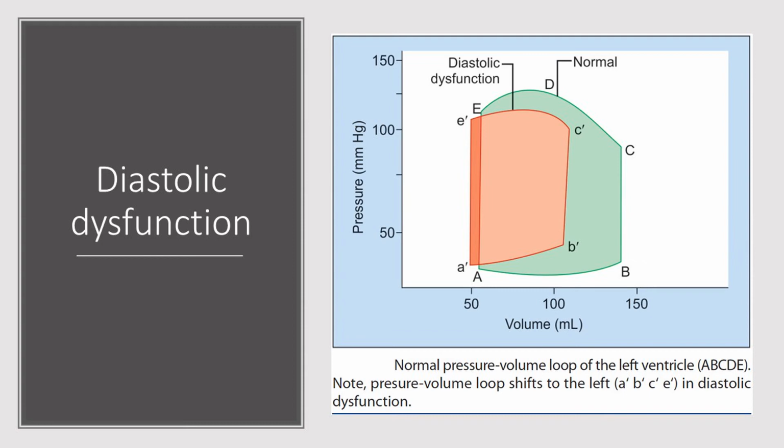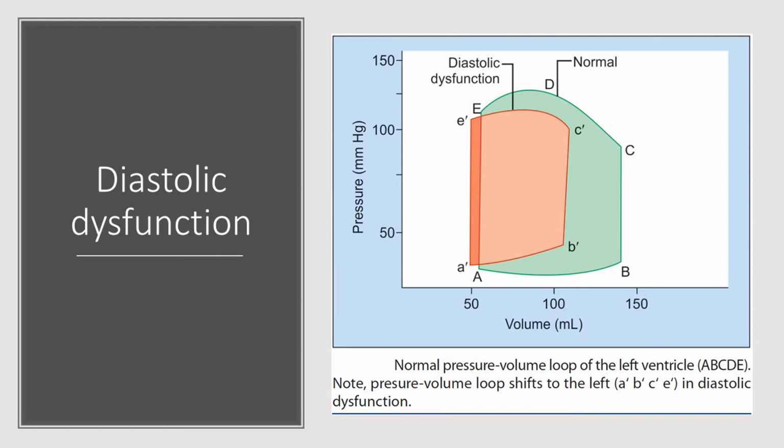Now various conditions which impair the relaxation of the ventricles shift the flow volume curve to the left side. It is most commonly observed in conditions with pressure overload, for example, in aortic stenosis.